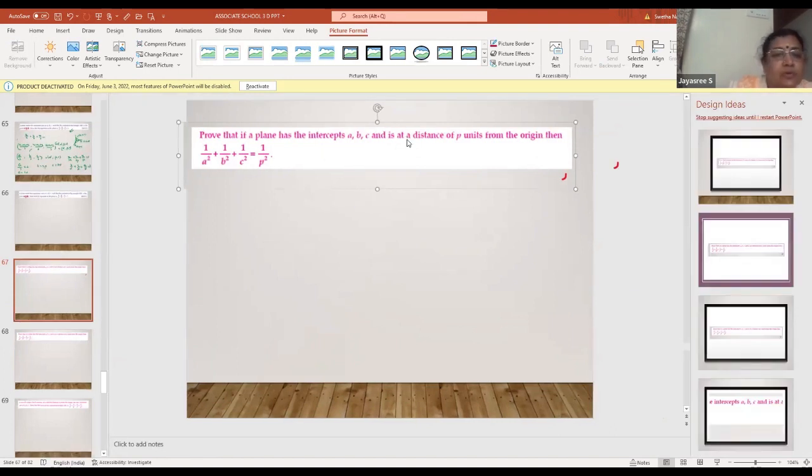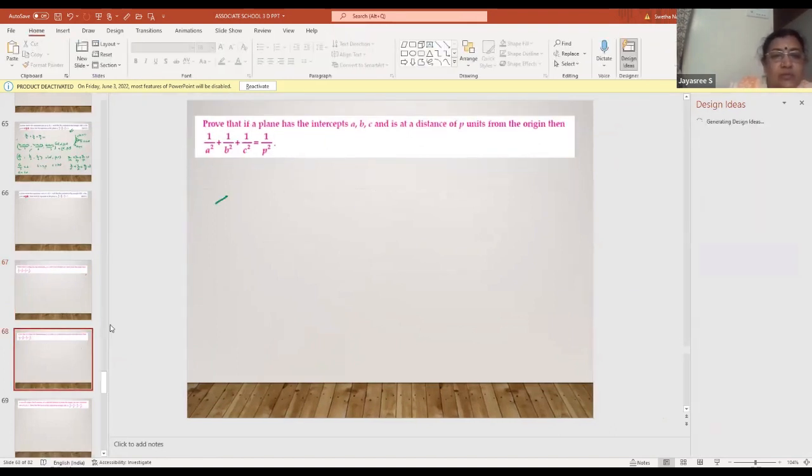The plane is intersecting the axes at the points A(a, 0, 0), B(0, b, 0), C(0, 0, c), and the distance of this plane from the origin is p units.